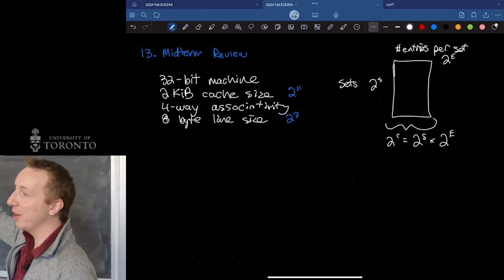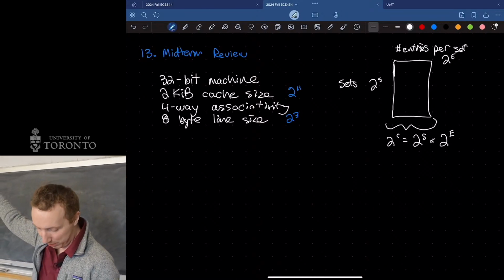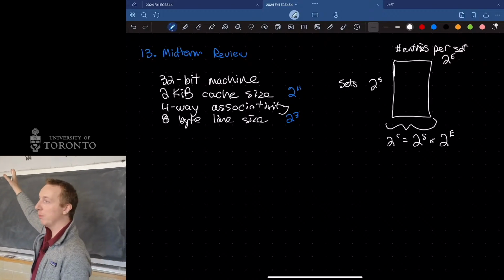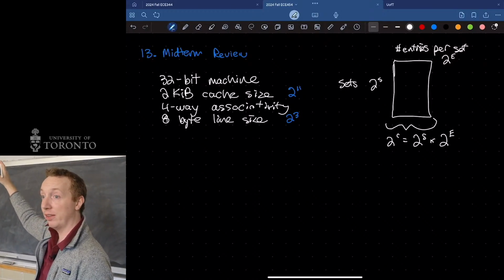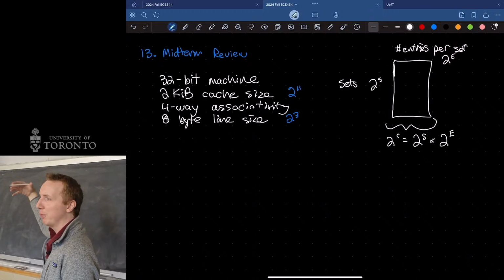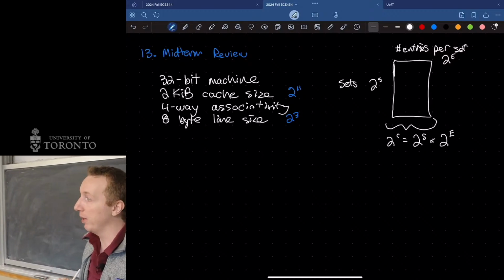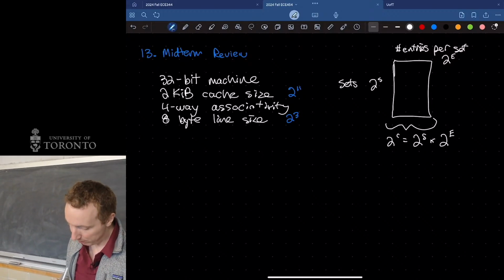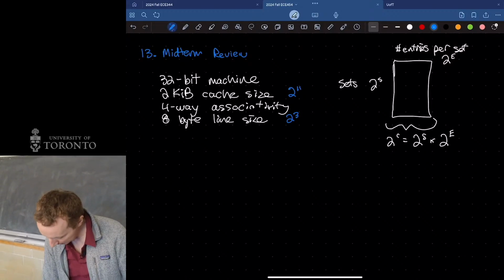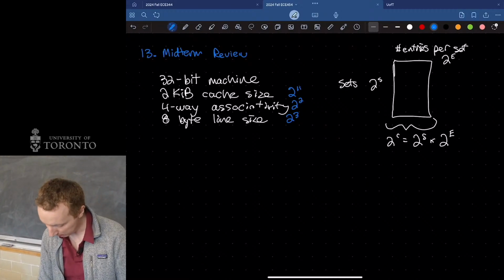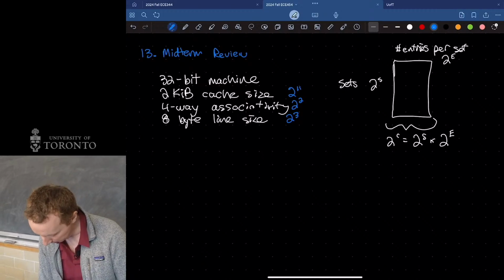So here is all the things we need to know. We have a 32-bit machine. We have a 2 kilobyte cache size. We always write powers of 2, so 2 kilobytes is 2 to the 11. Then we have 4-way set associativity, that's 2 to the 2. And we have an 8-byte line size, that's 2 to the 3.